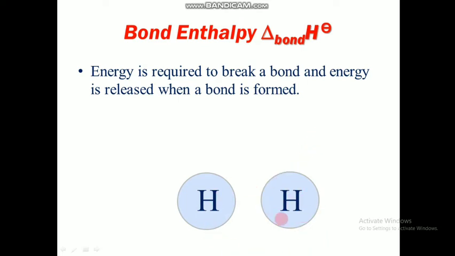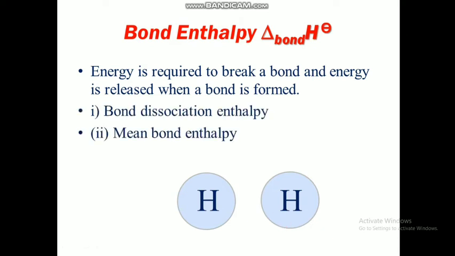So we provide heat energy to the molecule and break the bond. But the same amount of energy which we use to break the bond is released from the atoms when they combine to form the molecule. So when they combine and when they break, the same amount of energy exchange is happening. That particular energy is known as the bond enthalpy.